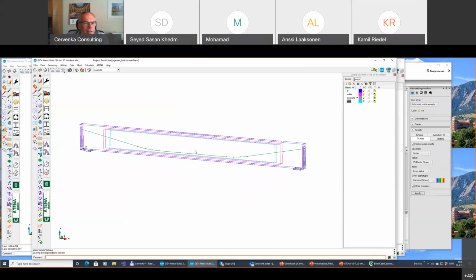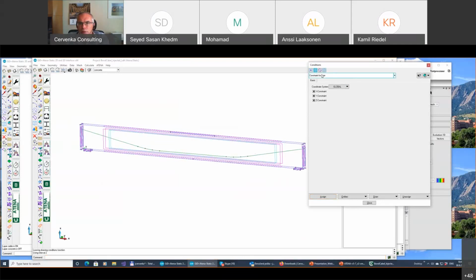And then in the next interval, that's the second interval, which I was showing before, there is no pre-stressing, but this second interval has a line load here at the top, this so-called universal load.